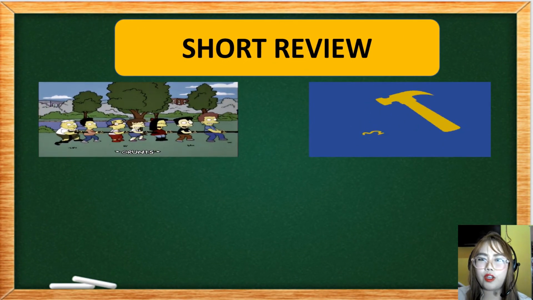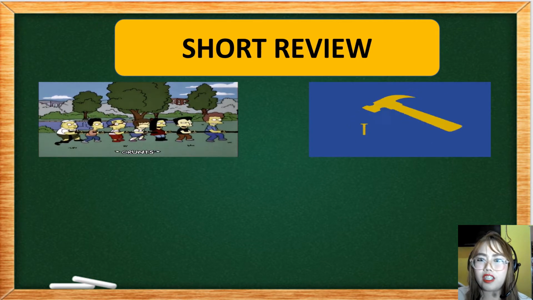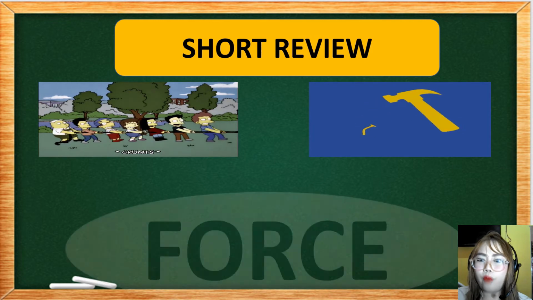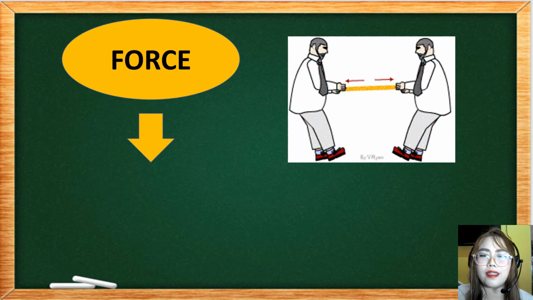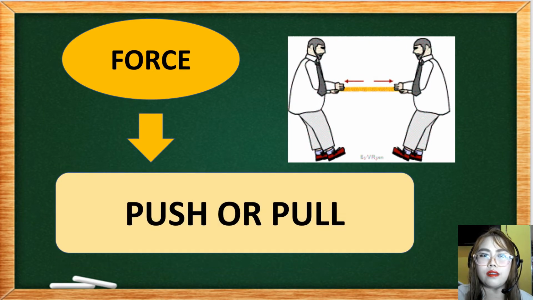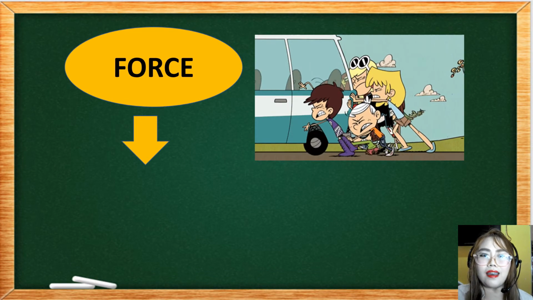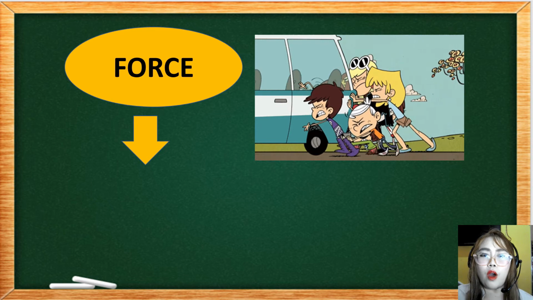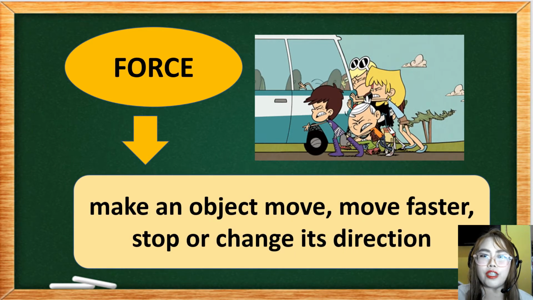Before we introduce to you our topic this morning, let us now have a short review of the previous lesson, which is about force. We know that force refers to the push or pull. Force also can make any object move faster, stop, or change its direction of motion.